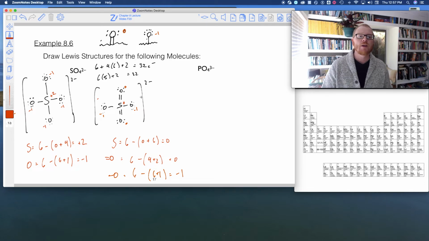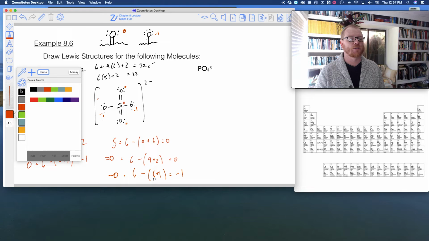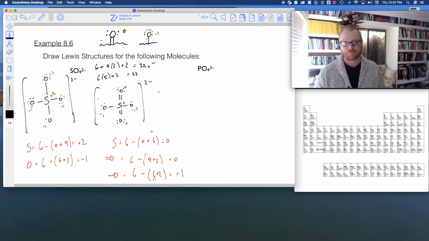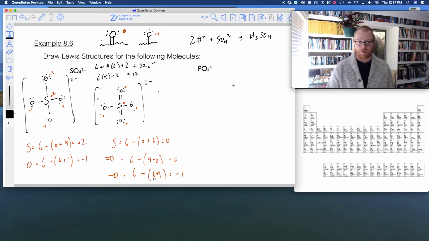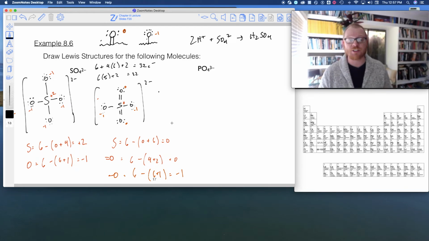Okay? So now how do I know that this is the correct observed Lewis structure of sulfate? Well, check it out. We know that sulfate, when you add, let's say, 2H+ to SO4 2-, we make sulfuric acid, H2SO4, right? So why is it that it takes exactly 2 hydrogens? Because of the -1 oxygens, right?